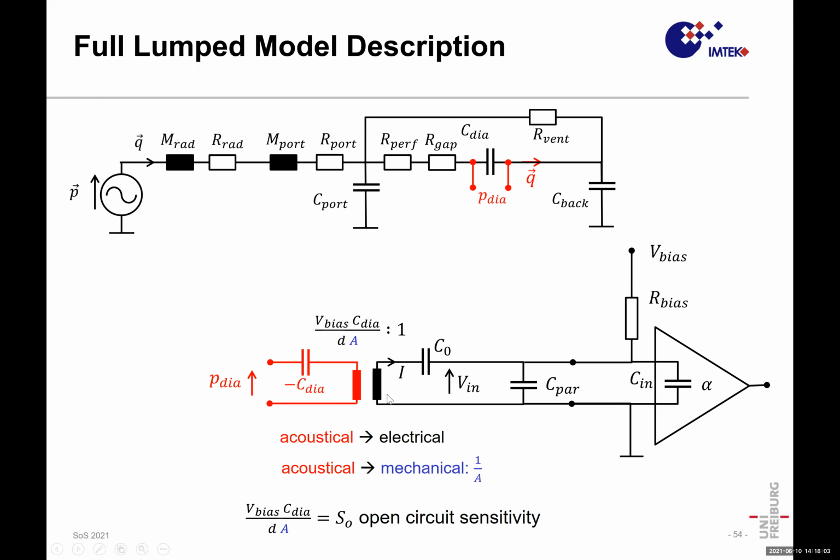This is the winding ratio of this transformer. Of course, we use an ideal transformer simply to transform these two domains. And then we are ready. We get from input pressure an output signal in volts, and we can start simulating our microphone.